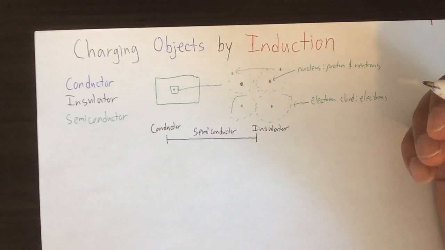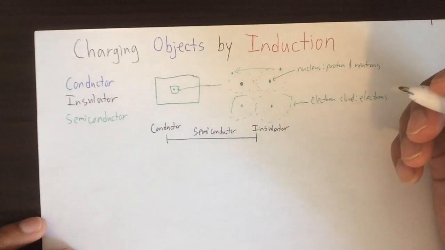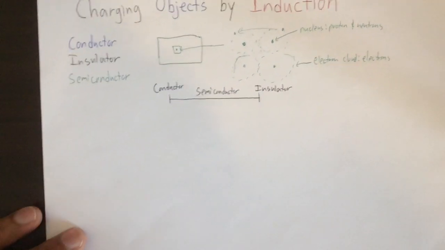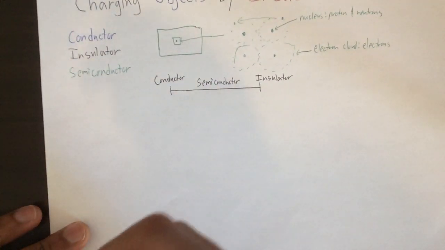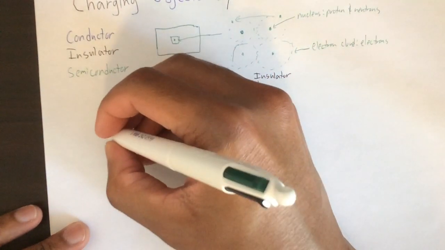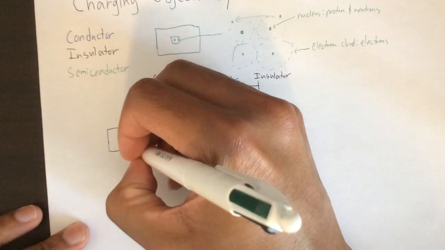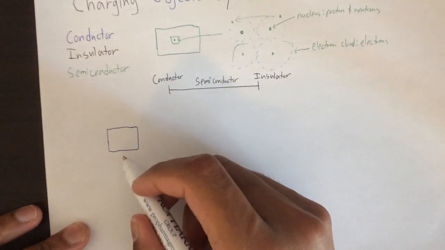So now let's go to our topic of charging an object by induction. Let's say you have an object here, and it's electrically neutral.